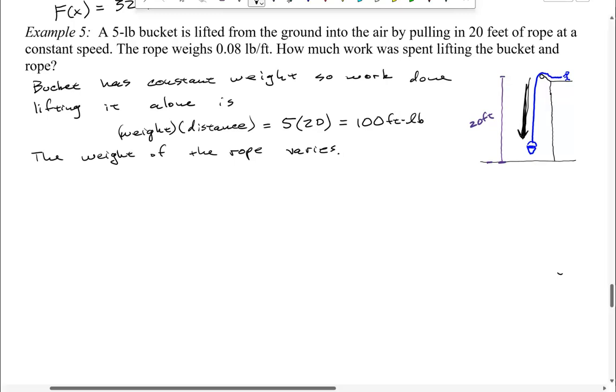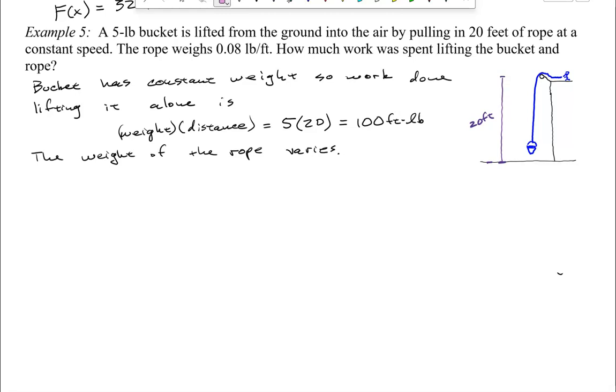You have all of this rope that's hanging over, and the weight of that rope is making the whole system heavier. But as you pull more of the rope up onto the top of the building, and you have less rope hanging over the edge, that means there's less weight hanging over the edge. So as you pull the rope higher and higher, you're having to pull less weight up. So there's less work to be done.